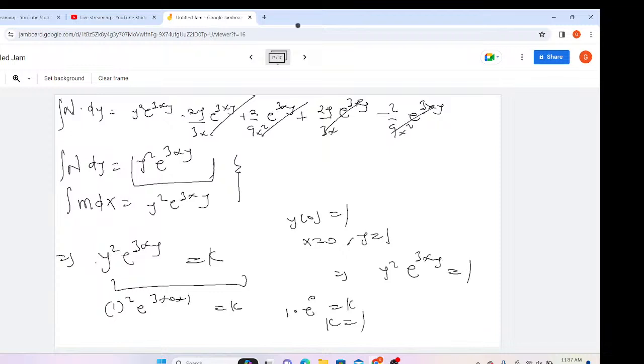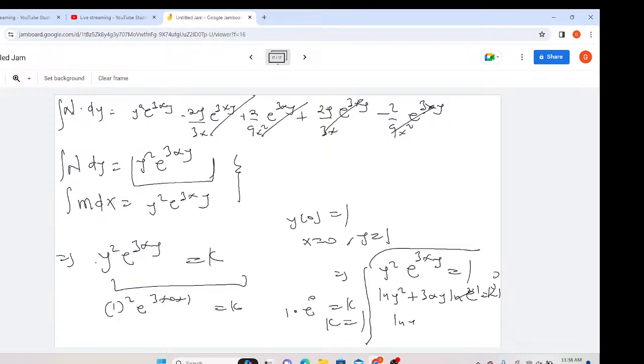When we want to make y the subject, you can apply ln to both sides. I think that one will also be a little complicated, but let's try. So ln of y squared plus 3xy ln e equals ln 1. Ln 1 is 0, and ln e gives us 1.